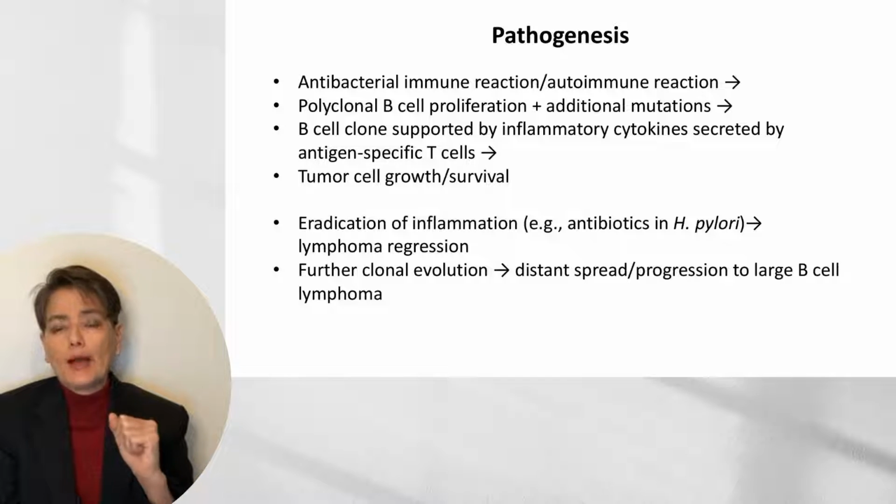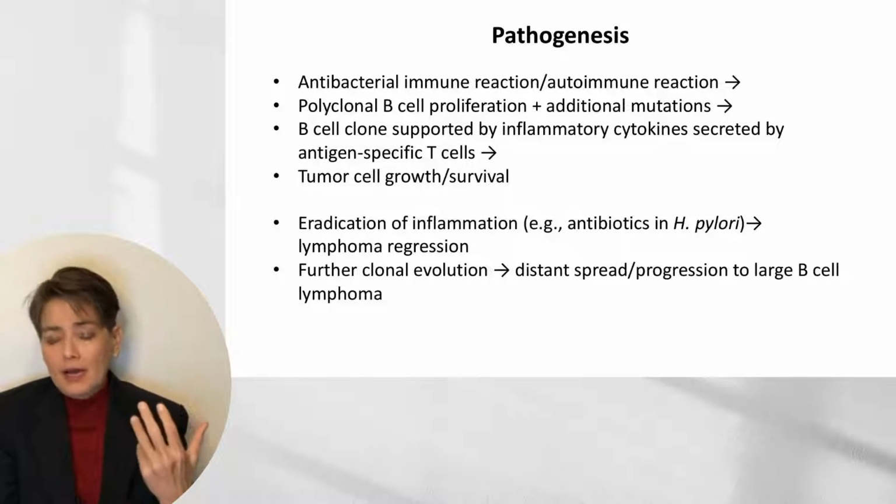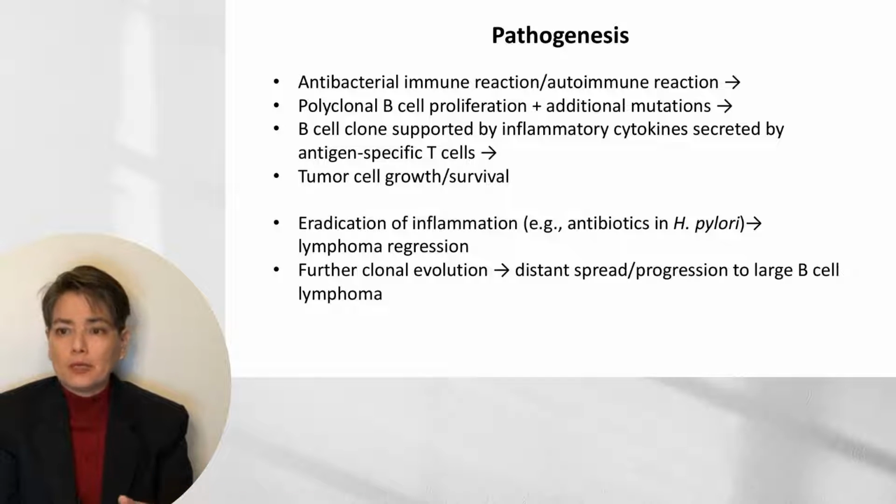Now, if we were to eradicate this inflammatory stimulus, for example, by using antibiotics to eliminate H. pylori, or some sort of immunosuppression in autoimmune disease, we can get regression of the lymphoma. But if we don't eradicate the inflammation, we can get further clonal evolution, leading to distant spread and progression to a large B-cell lymphoma.